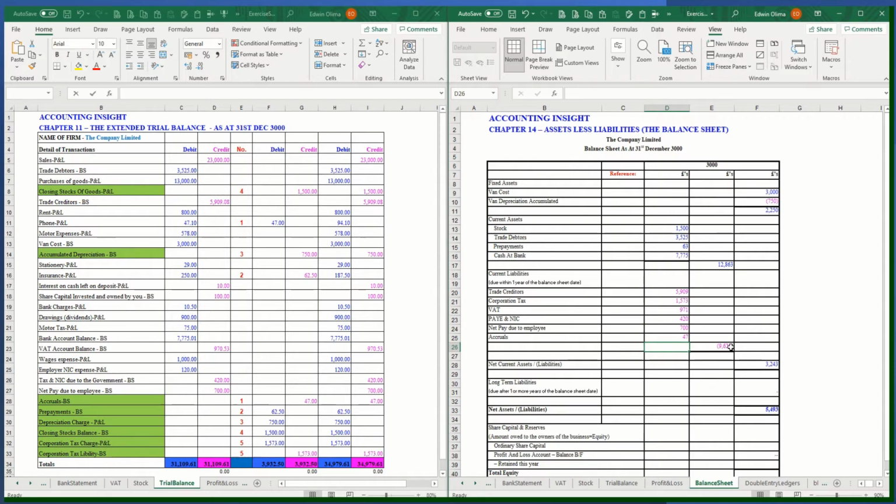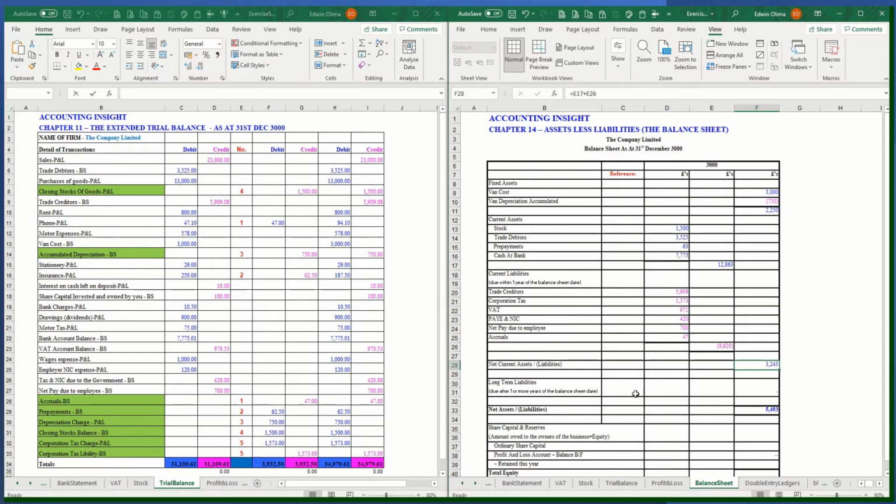The total, 9,620. So when you deduct your current liabilities from your current assets, you get your net current assets, and it's 3,242 in this case.